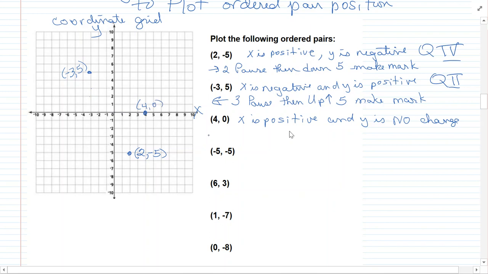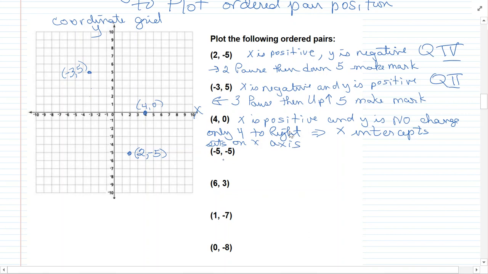Okay. Only 4 to the right. This is known as an x-intercept. Intercept, because it sits on the x-axis. All right, so that's what we know about that one.